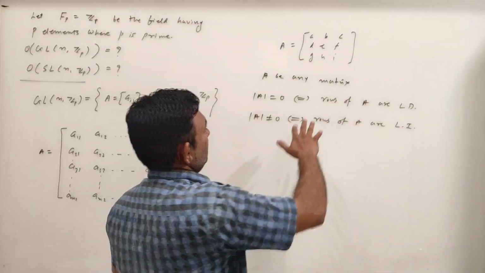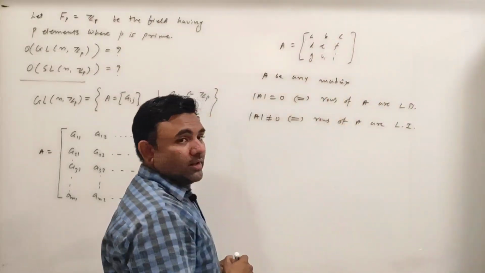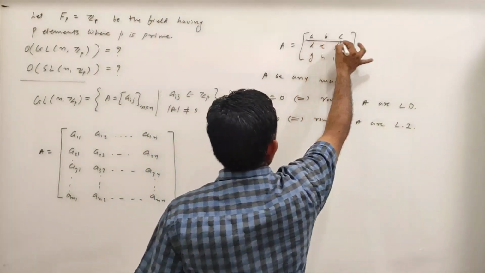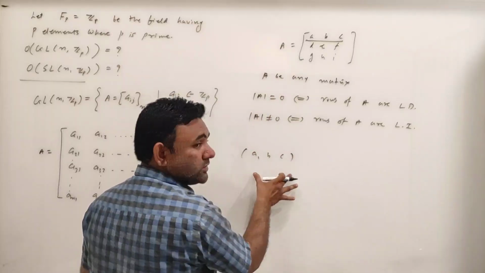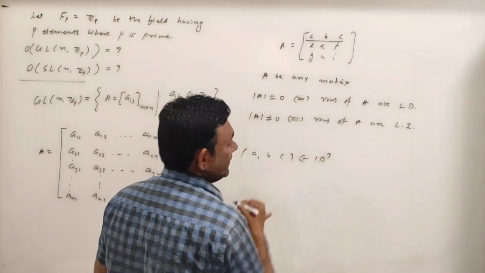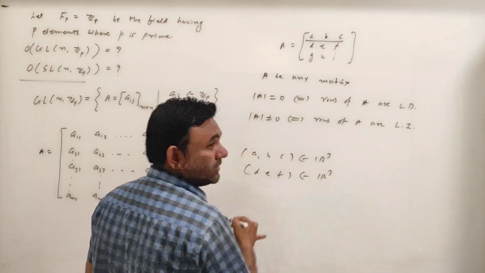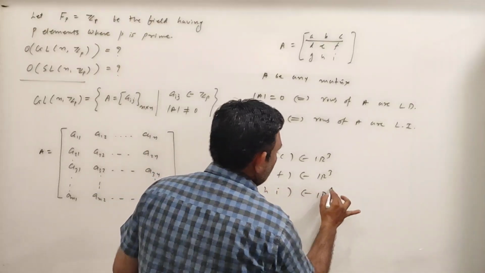Before going on, if I consider this 3 by 3 matrix, these rows are linearly independent or linearly dependent. It means you consider each row as a vector. Consider the first row A, B, C as the first vector of R3, the second row D, E, F as the second vector of R3, and the third row G, H, I as the third vector of R3.